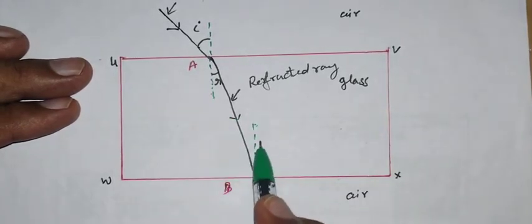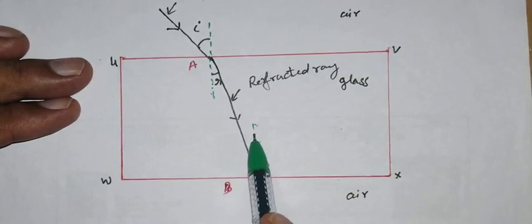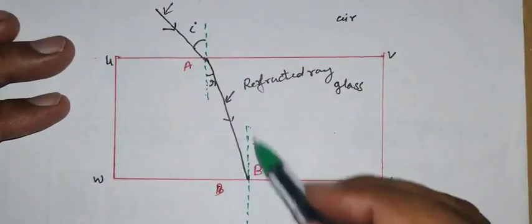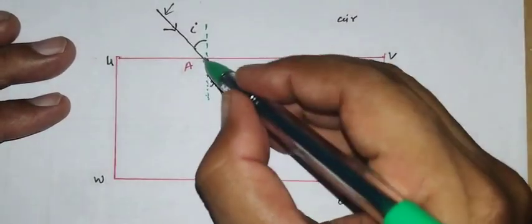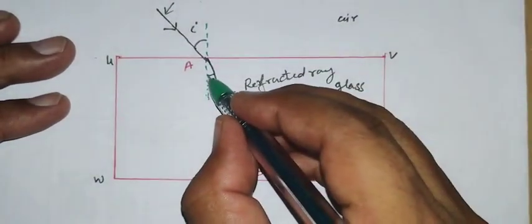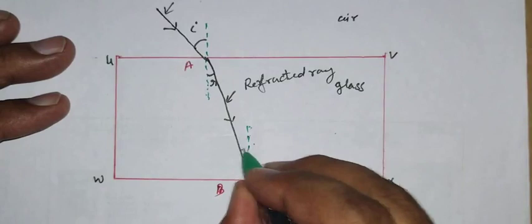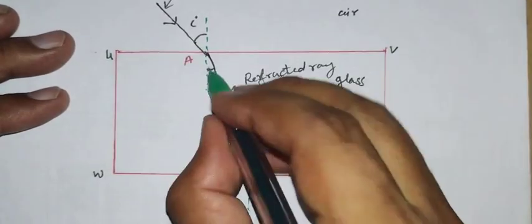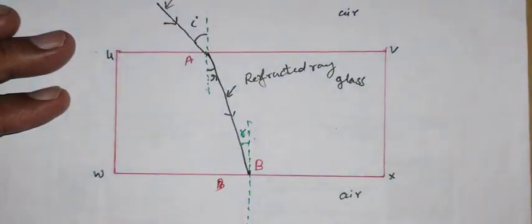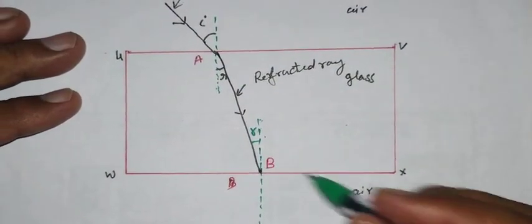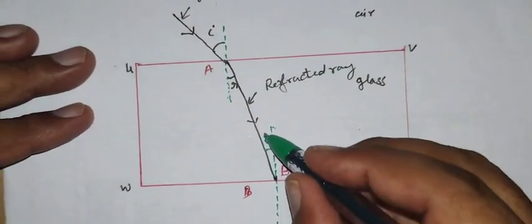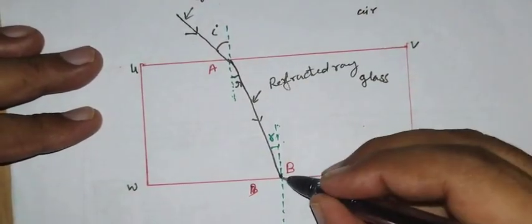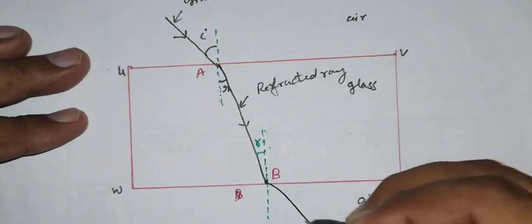These two normals are parallel, represented by this green dotted line, and a line intersects them, so alternate angles are equal. So this angle is also R. When the ray of light moves from denser medium to rarer medium, it bends away from the normal.